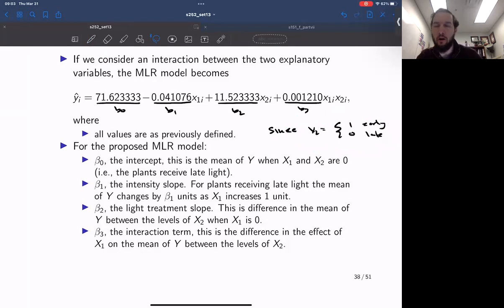So when you shift from the reference to the active level, this quantity gets added to the slope, and that gives you the change in the slope for the other group. So because the interaction term is present, we no longer expect exactly parallel lines. So beta 2 is only relevant when x1 is equal to 0. And beta 3 represents the change in slope that must be taken into consideration for every unit increase in the light intensity. Okay.